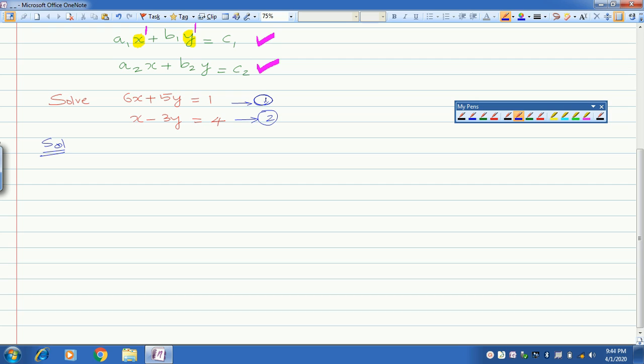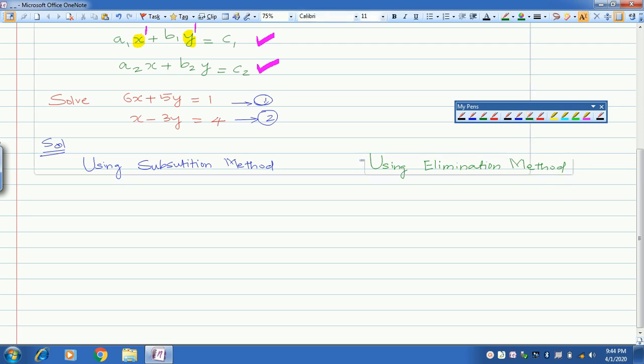One using substitution method. And another one using elimination method. I will solve both. The answer we will get the same at the last, but the technique you have to follow is a different concept. Okay, we will solve both.